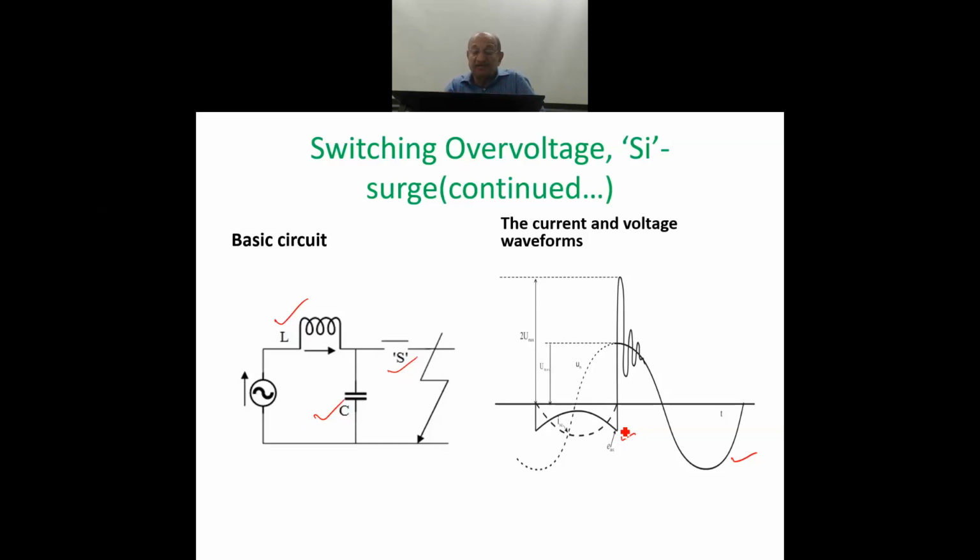That release of energy stored in the network gives rise not to power frequency voltage across, but to overvoltage. And the overvoltage could be 2 U max. This is the U max, and the overvoltage could be 2 U max.